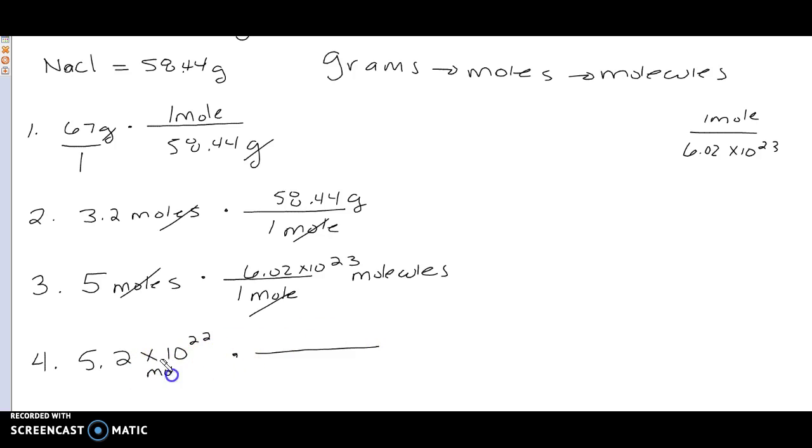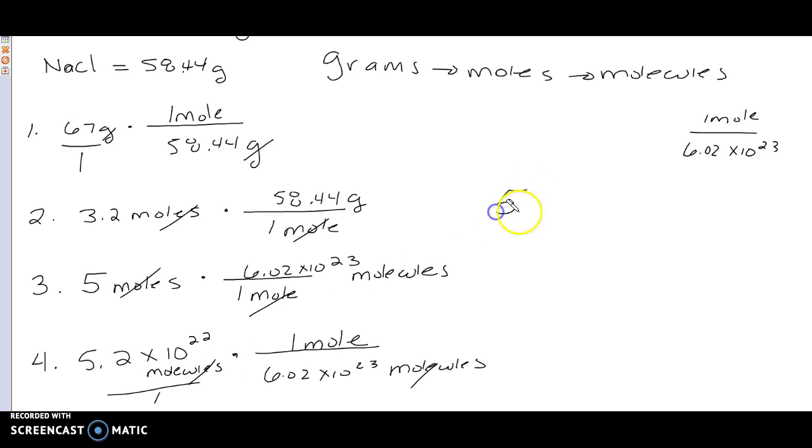So this is in molecules. So I need to be able to cross off molecules, which means I need to put molecules down here this time. Because remember that this is over 1. So now molecules cross off, and I can just put my 1 mole here. And so I would simply multiply 5.2 times 10 to the 22nd by 1 and divide by 6.02 times 10 to the 23.